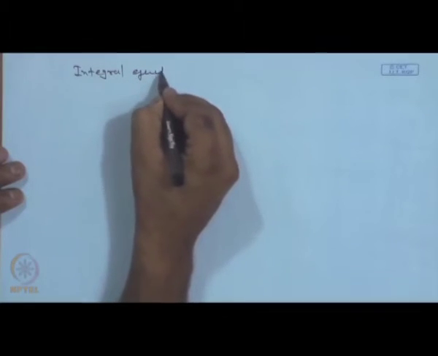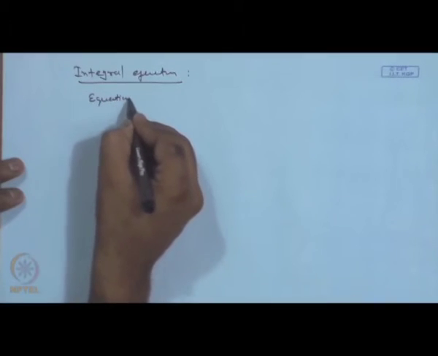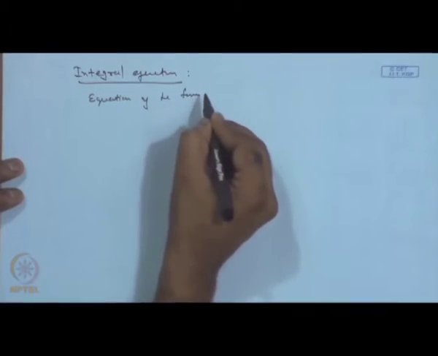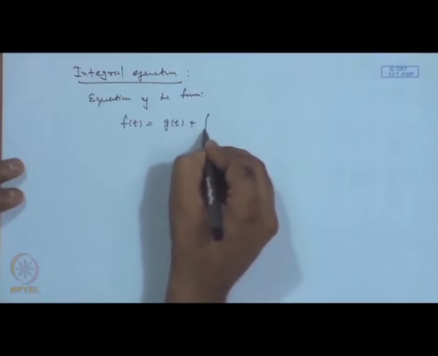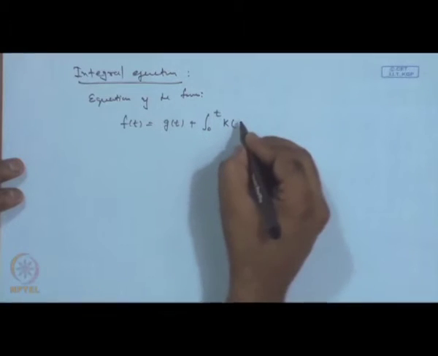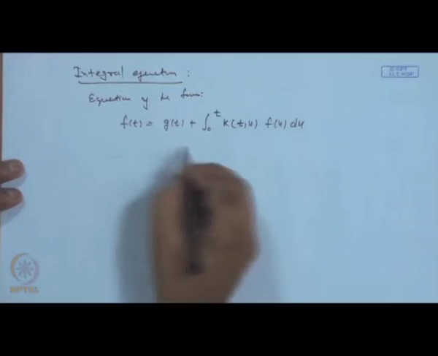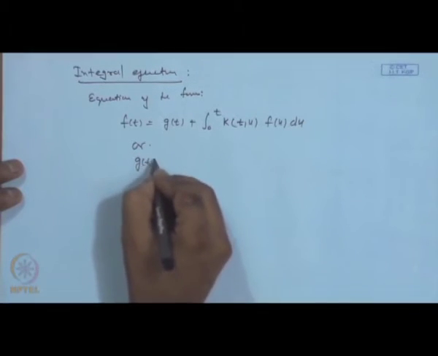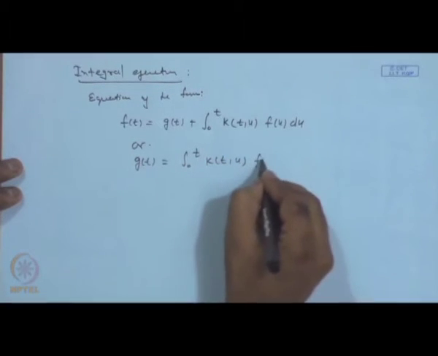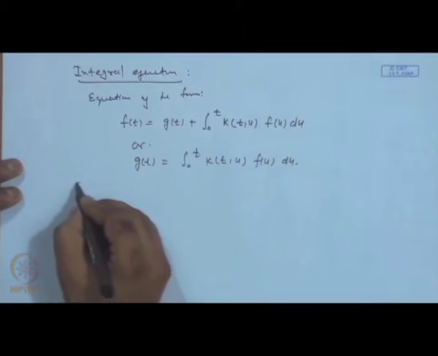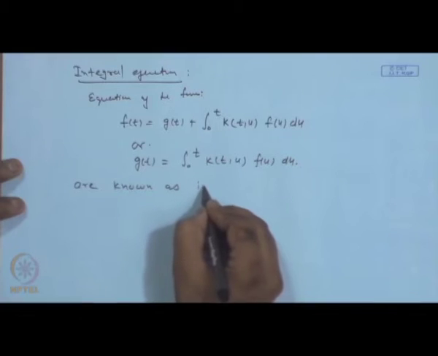So, an equation of the form f(t) is equal to g(t) plus the integral from 0 to t of k(t,u) f(u) du, or we can have other forms. So, k(t) is just equal to this integral k(t,u) f(u) du. These equations are known as integral equations.